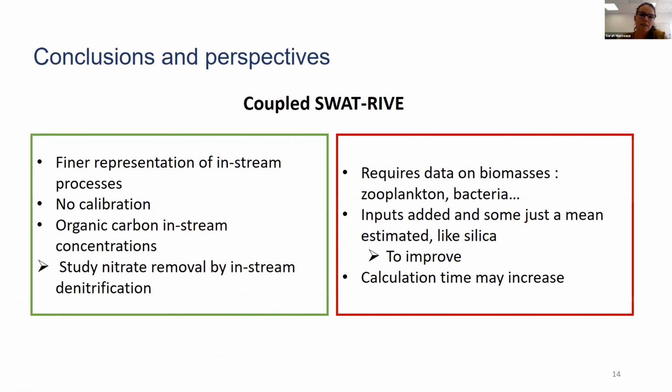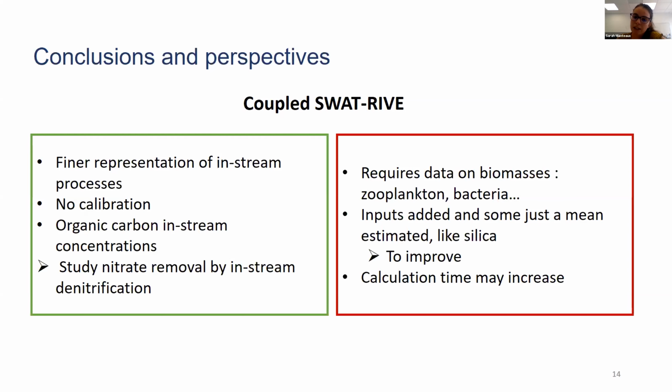So the conclusion of this presentation is that the coupling will allow a finer representation of in-stream processes, with no calibration, and take into account other variables like organic carbon, and study other processes more precisely, like in-stream denitrification.